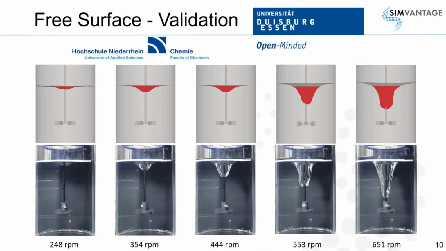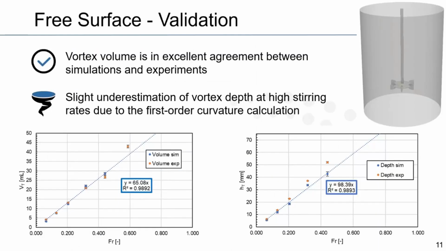And you can also compare that to experiments, and we did that together with the Hochschule Niederrhein in Germany, where we compared experimental results and simulated results. And when you look at the graphs, you see that you have a very good agreement either in the volume of the simulated and the experimental vortices, and also the depth, how low does it go.